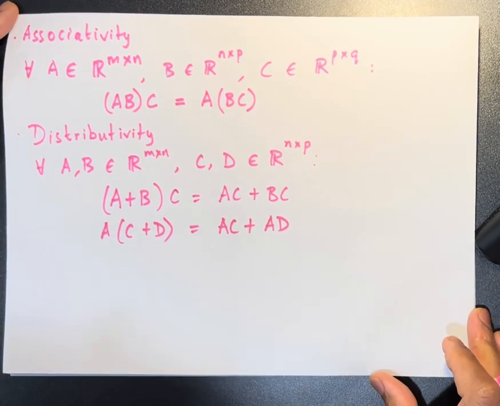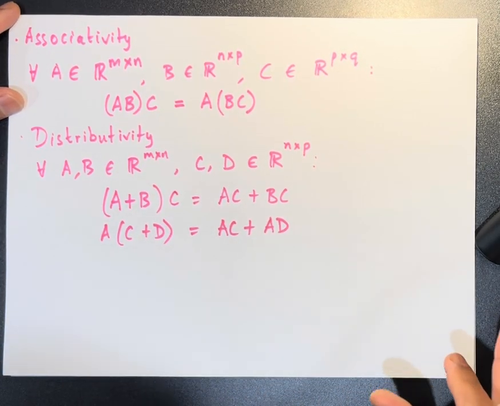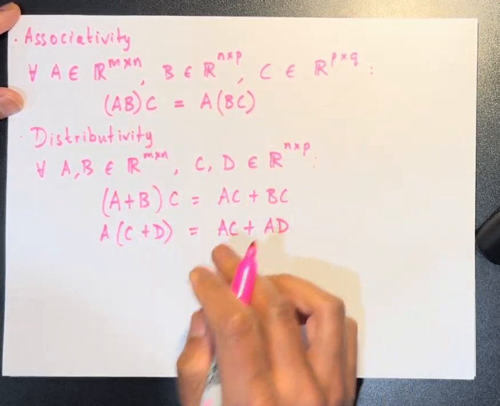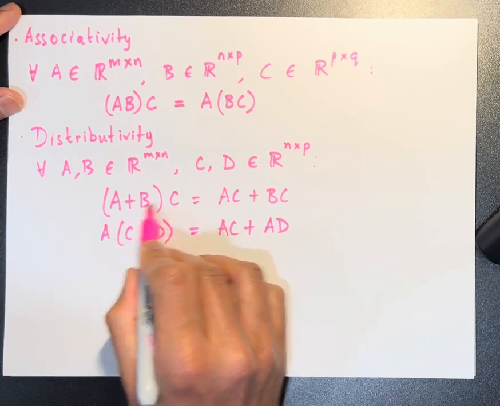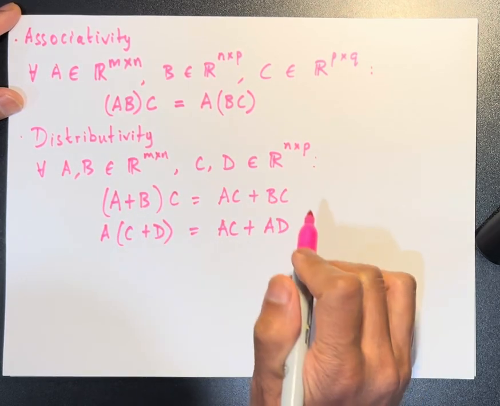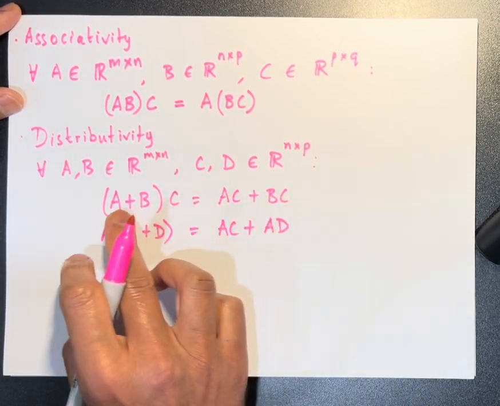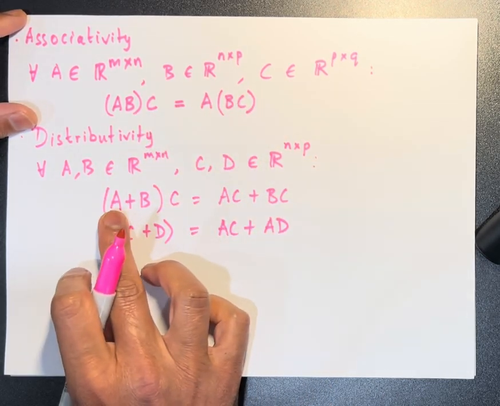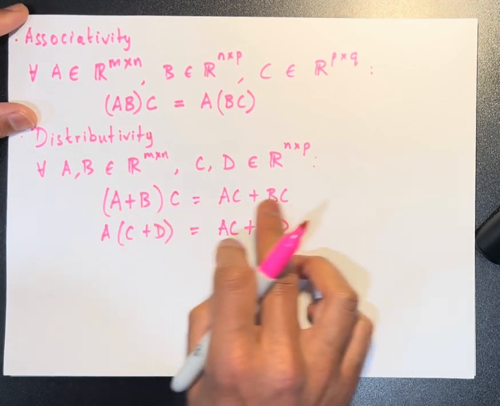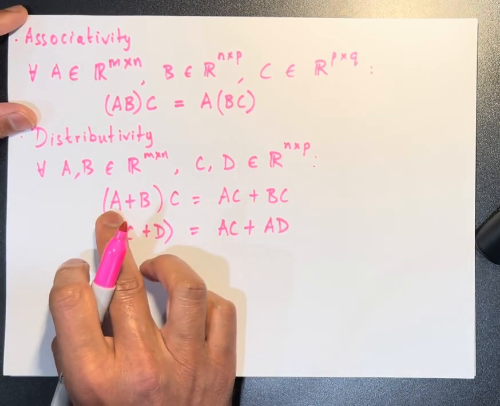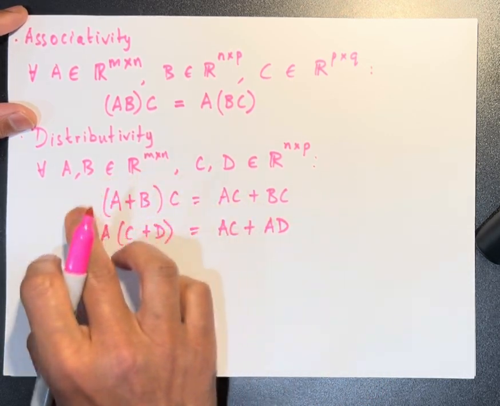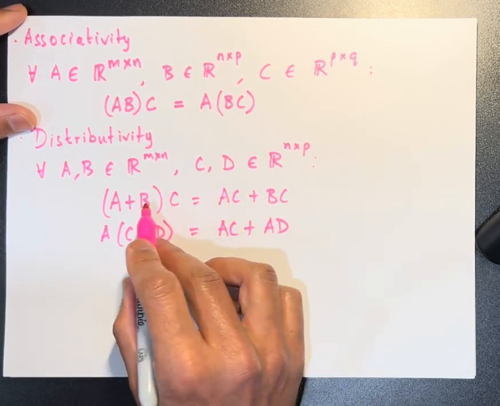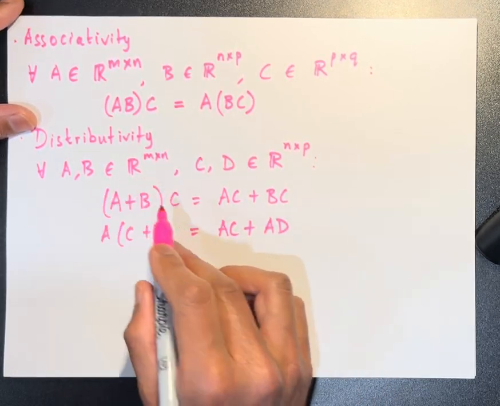We don't need to prove these, it's a little bit more math, we should be okay without. I think these are intuitively clear, as they are in terms of scalars. The way that these can be proved is, let's take this statement. The left hand side, the resulting matrix, what will be the ijth element of that resulting matrix?